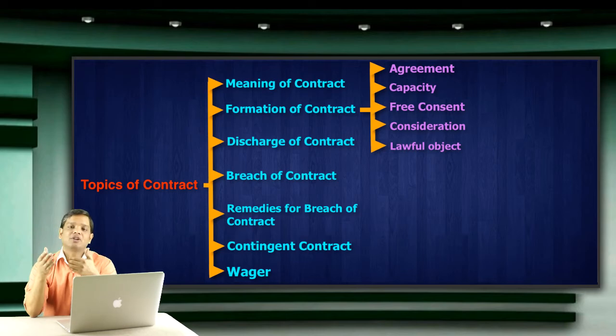That is, trading of such objects is illegal. So if we are making a contract regarding such an illegal object, then that is not a valid contract. Okay. So these are the principles of formation of contract, starting with the agreement, capacity, free consent, consideration and lawful object. So there are 5 principles.